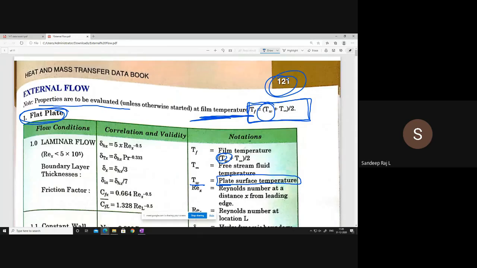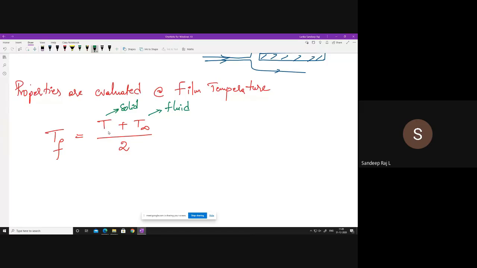So you have to evaluate them at a film temperature, wherein you will have two things, that is the temperature of the fluid and the temperature of the solid. This is a fluid and this is solid. Simply put, it is the average temperature of solid and fluid. So that's how you can remember this. So it is (T wall plus T infinity) by 2. Right. So that's the film temperature story.